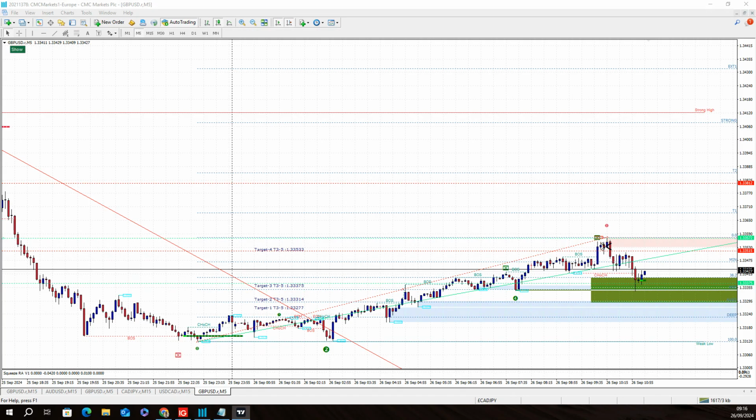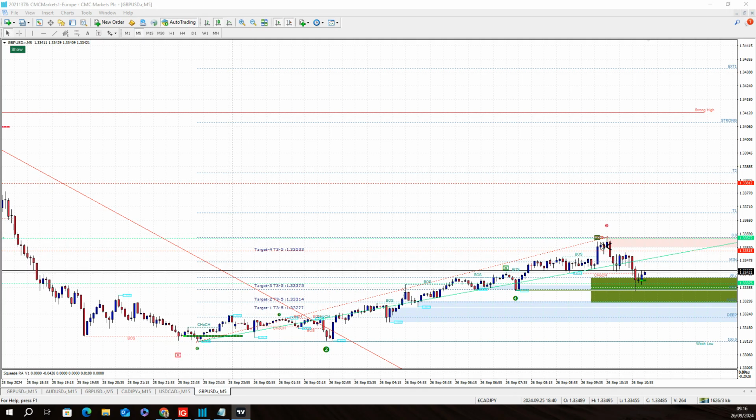And the first target is always here, so the first target is the T1. Sorry guys, I'm doing this here and I'm doing this on my computer as well. So that is the first thing we are looking at.